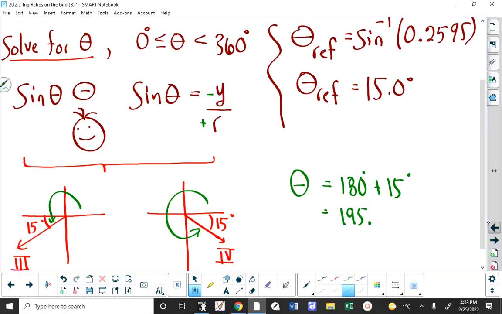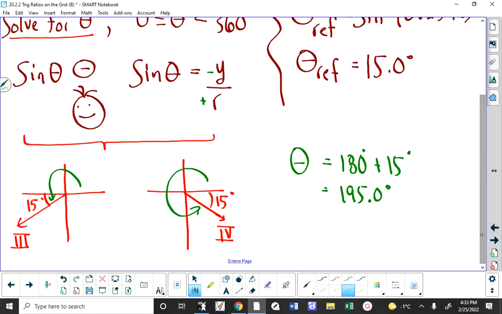We were asked to round our answers to the nearest tenth, and it works out to 195.0 degrees. Our other angle, this was the first rotation angle, our second rotation angle would be equal to 360 degrees minus 15 degrees, which by my count gives 345.0 degrees.